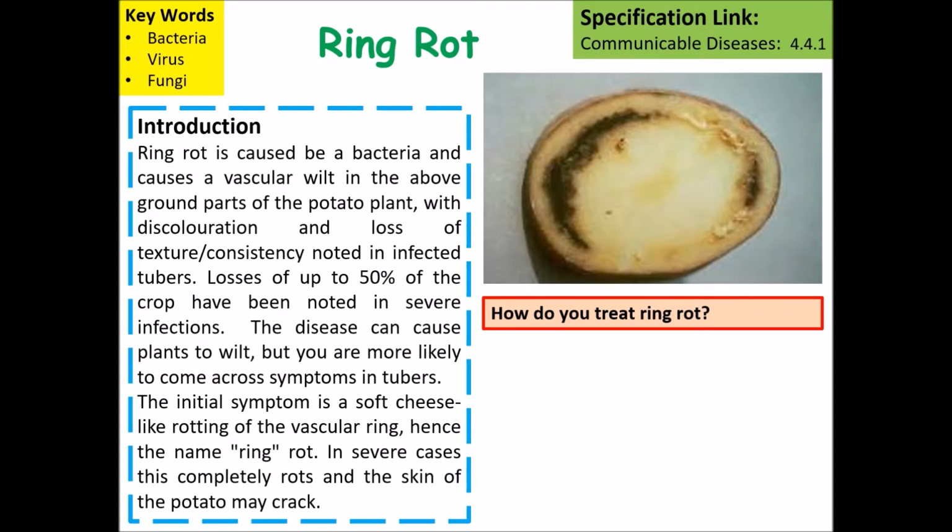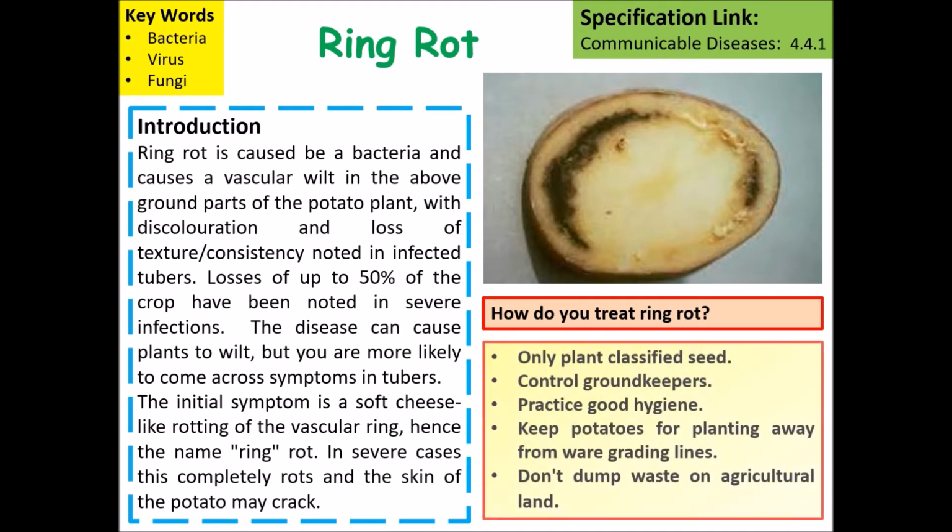So just have a think about the question, how could we potentially treat ring rot? Pause the video and then have a look at the answer. If we're going to treat ring rot, you can only plant seeds that we know aren't already infected with it.